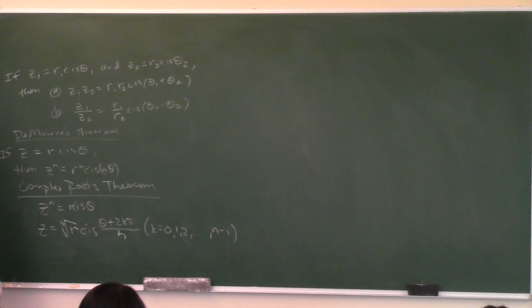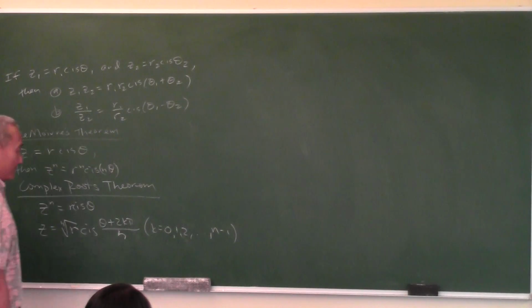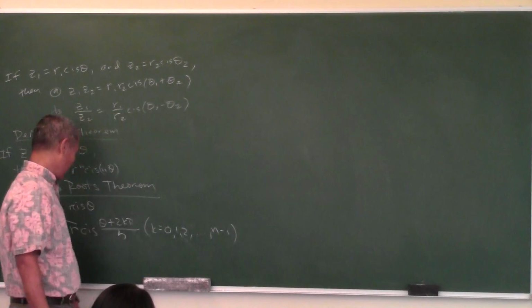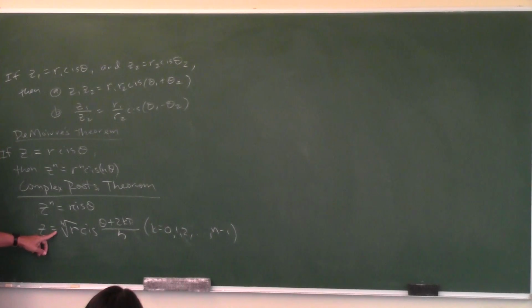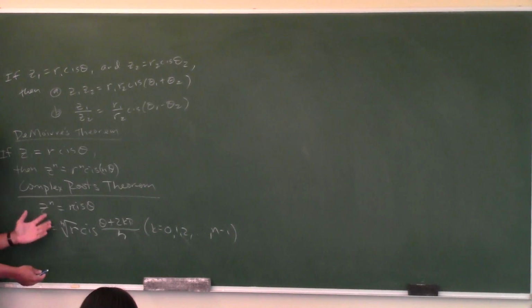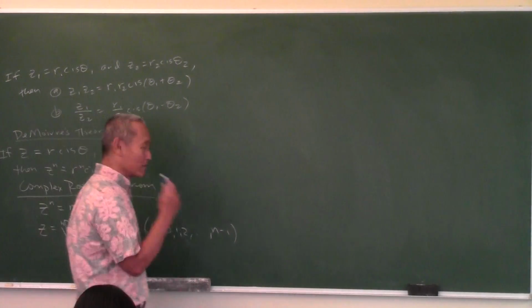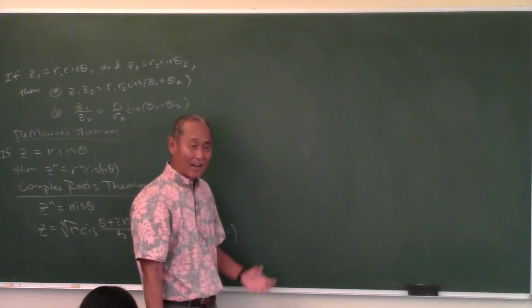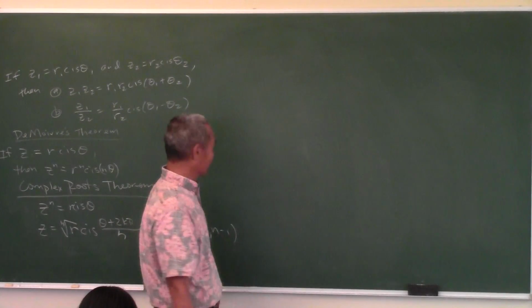Is that it? Okay, I told you this theorem was going to be difficult for you. Why don't I give you an example? What is that? Is that an h? I never said the word h in my life. Did I ever say the letter h?